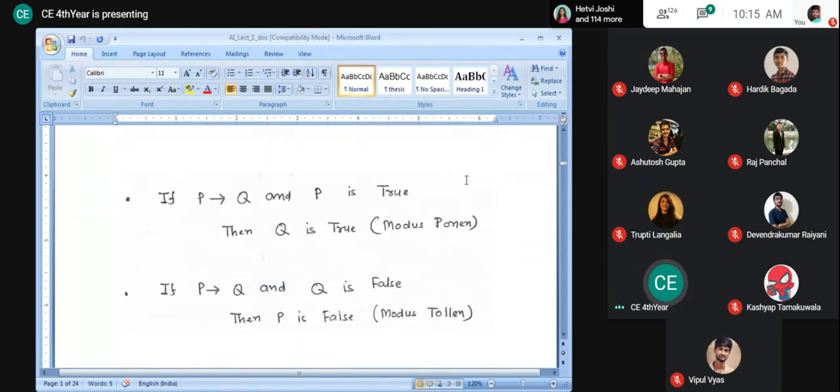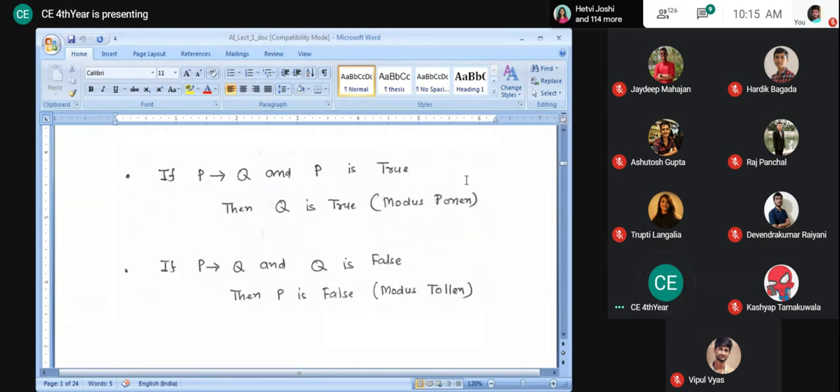If P implies Q and Q is false, let us assume that P were true. If P were true, then because it is P implies Q, if P then Q, it means Q would have been true.